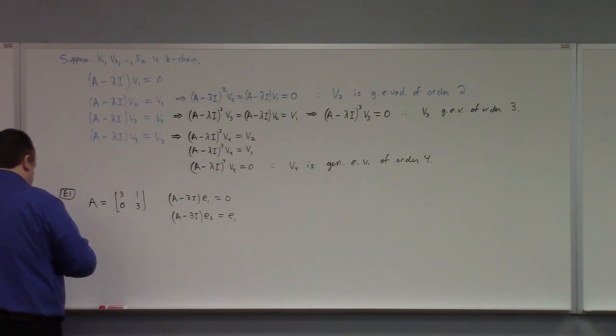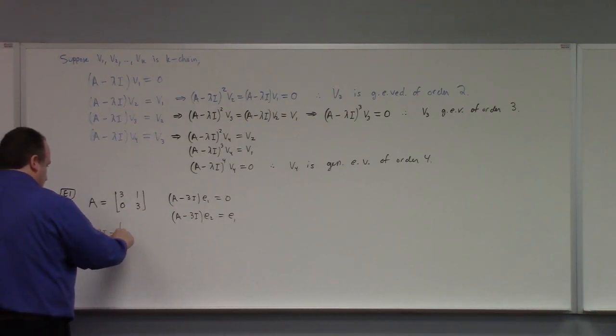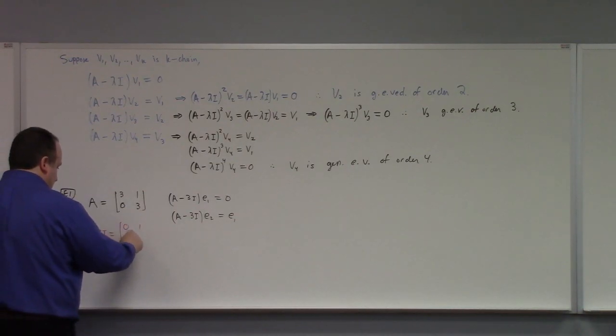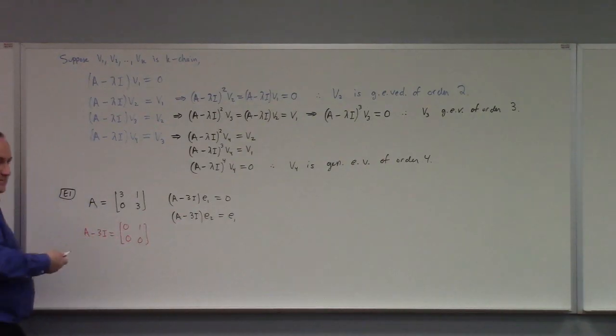What is A minus 3I, by the way, for this matrix? It's just this.